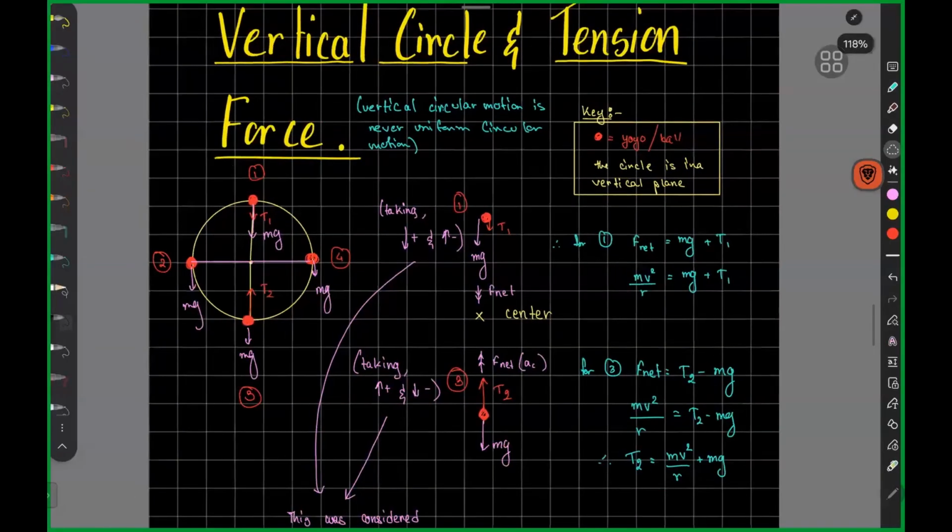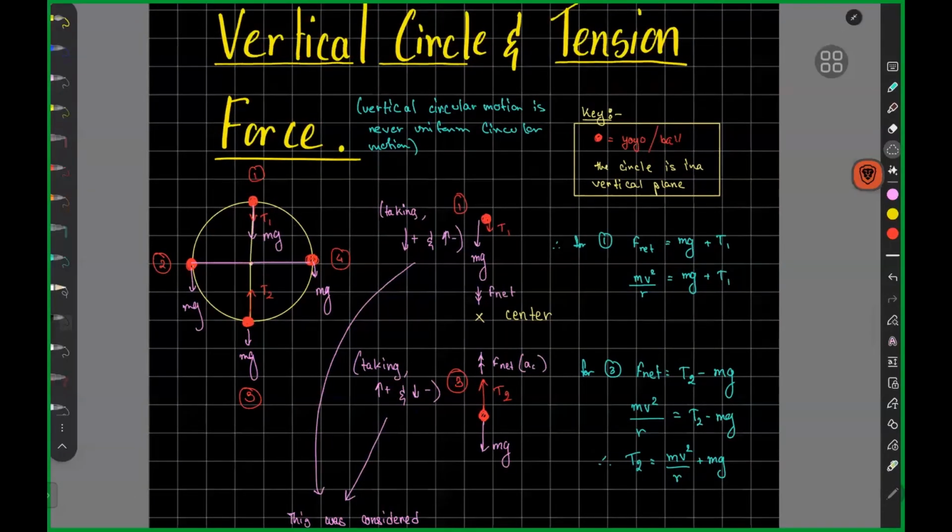Now, hopefully you understand what this diagram is. If not, if you look carefully, the red dots are simply the positions of the bob, or a ball, let's say, going through vertical circular motion. If you look at the key over here, it's a yo-yo, a ball, whatever you want to say.